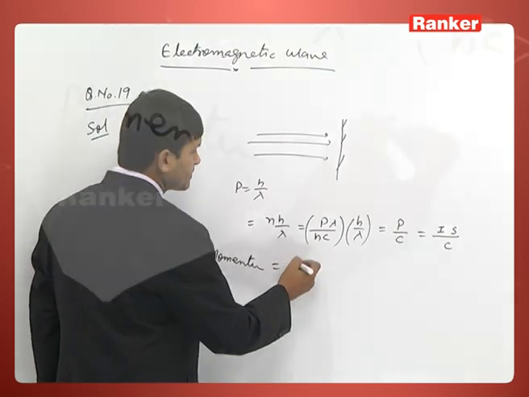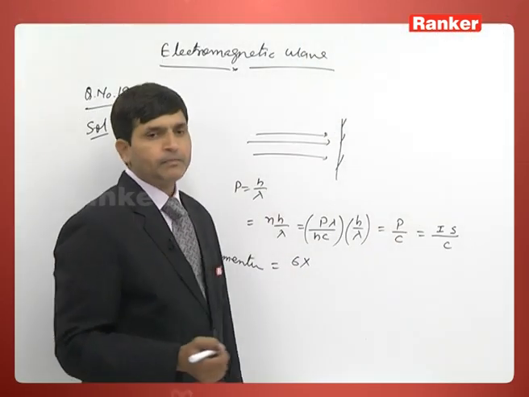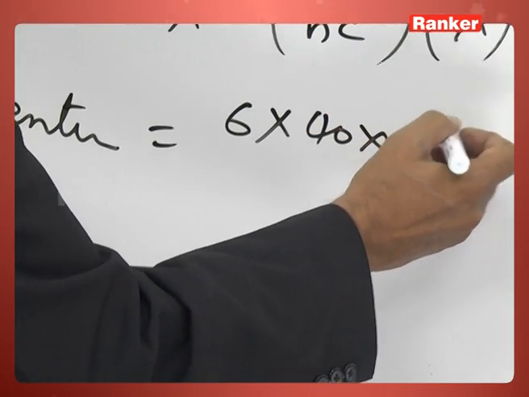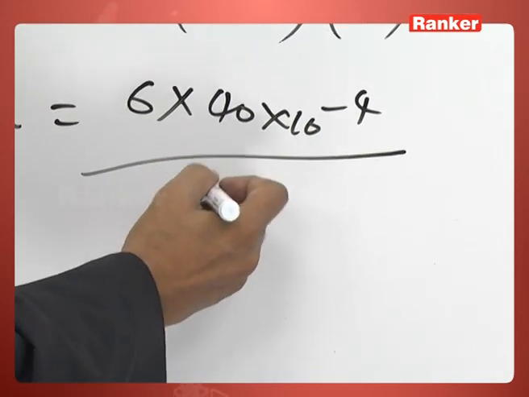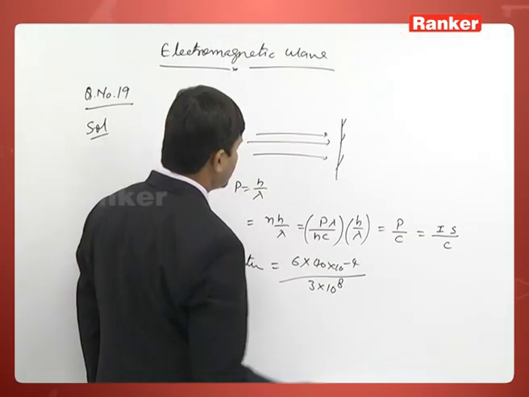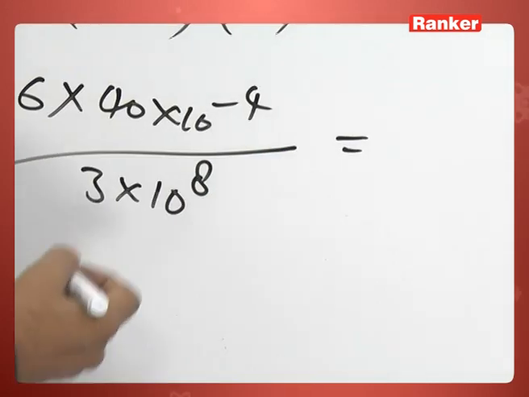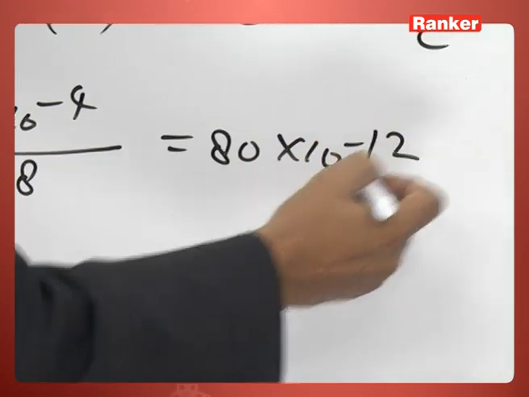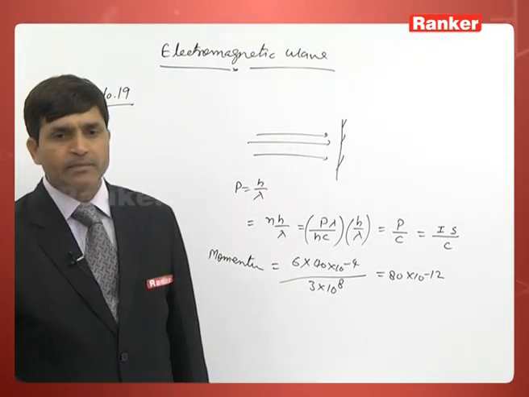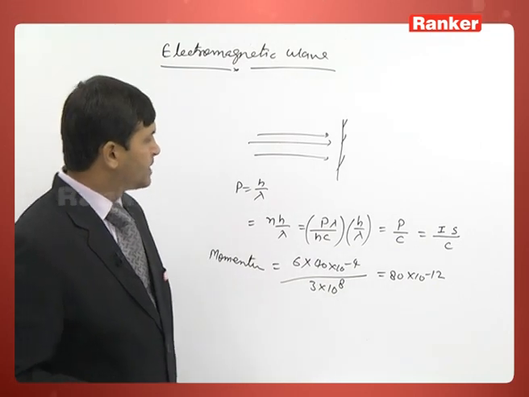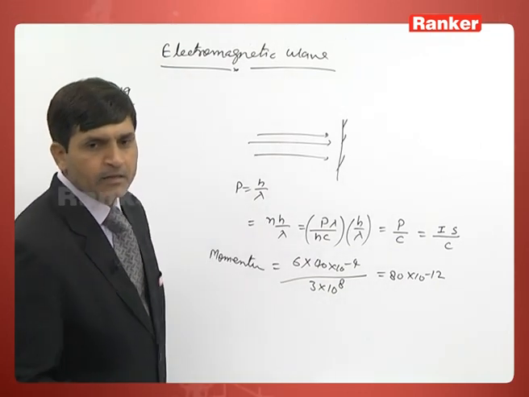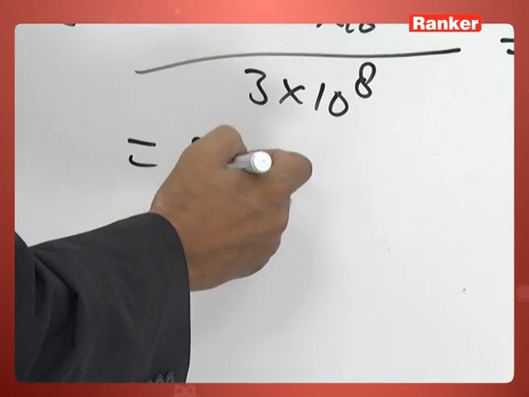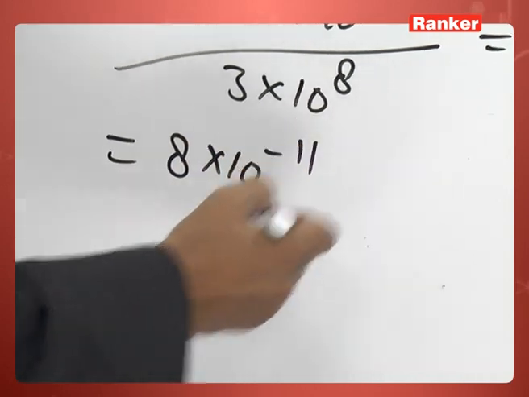Intensity is given 6, area of the plate is given 40 centimeter square, so 40 into 10 power minus 4, and c is the speed of light, 3 into 10 power 8. So this becomes 3 by 2, then 80 into 10 power minus 12. This is the momentum transfer. And if we further simplify this, it becomes 8 into 10 power minus 11.